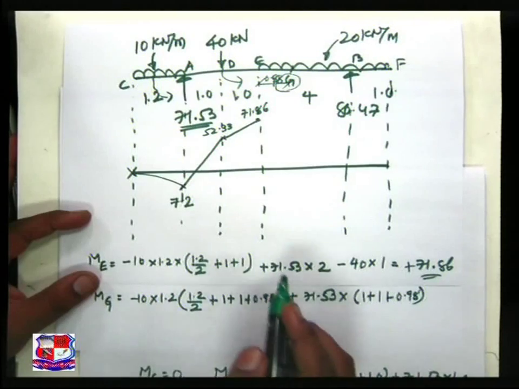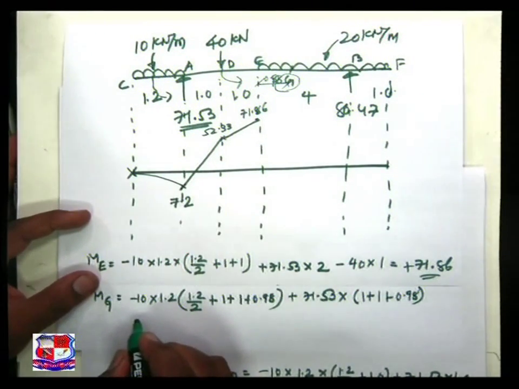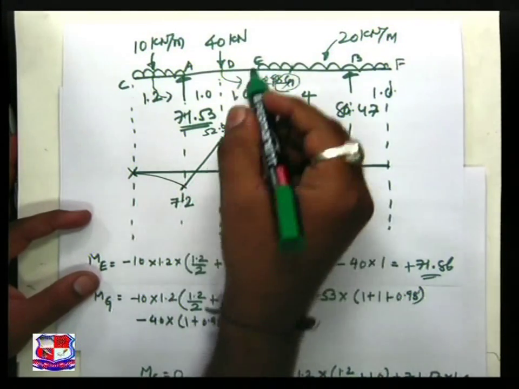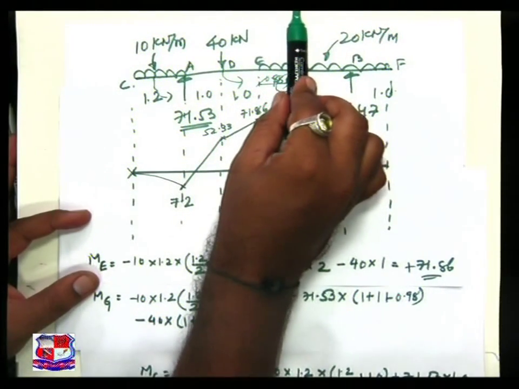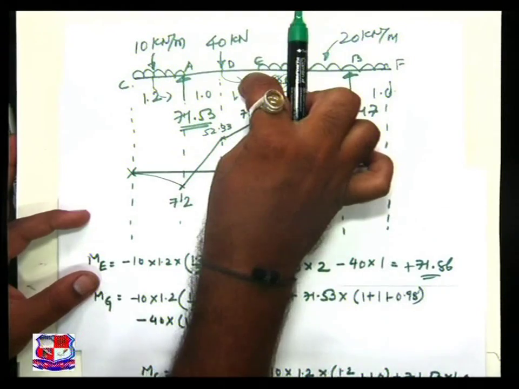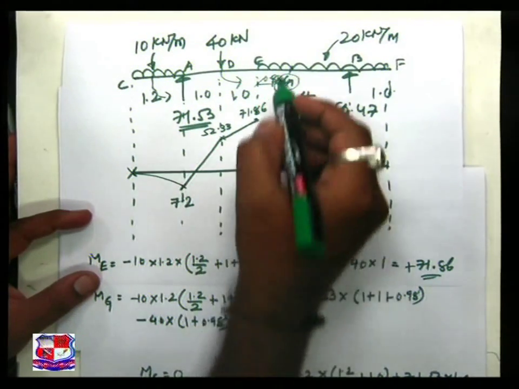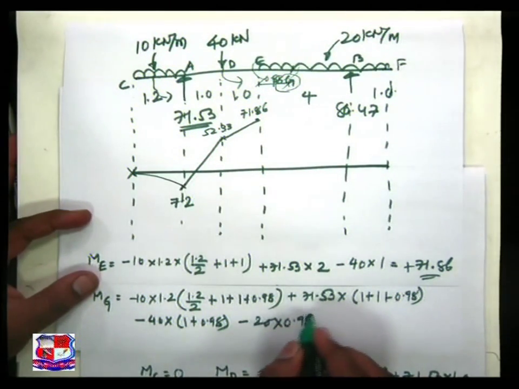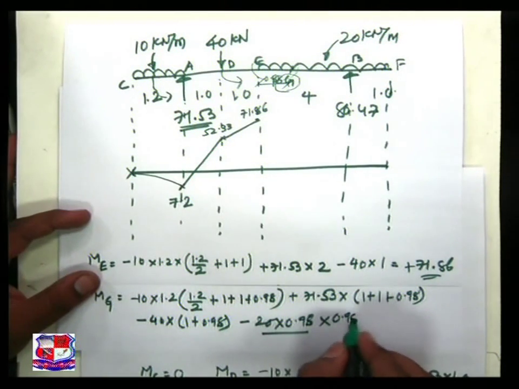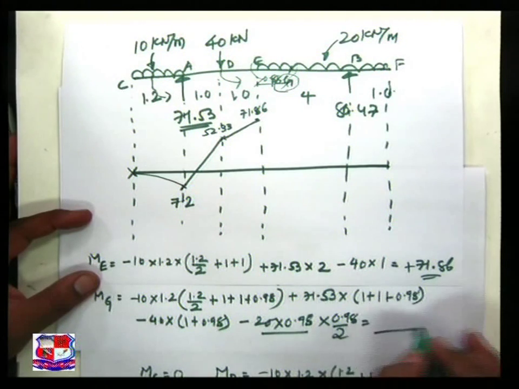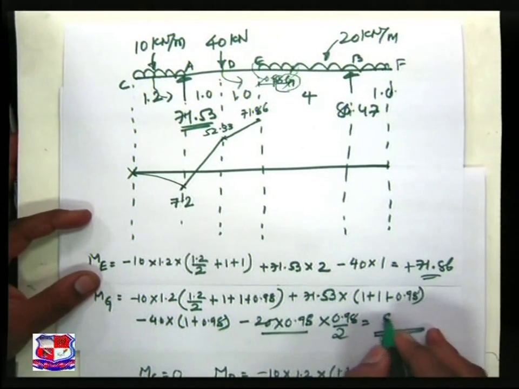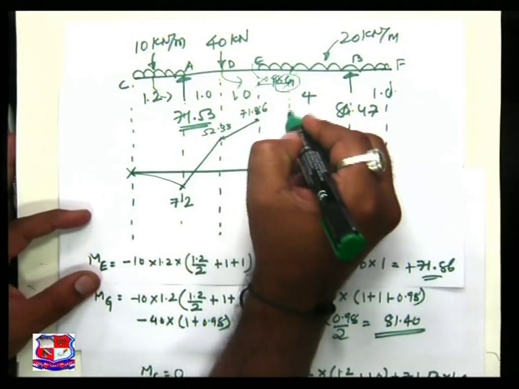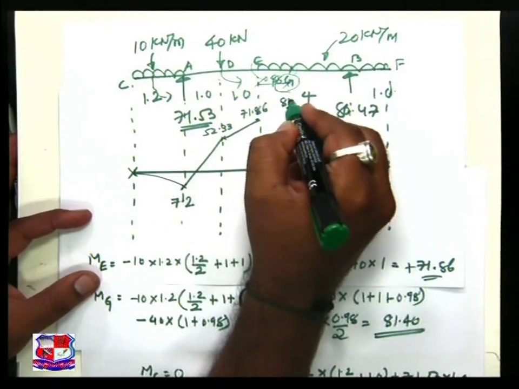Next, another load which is 40 and comes with minus sign, 40 into 1 plus 0.98, because if I take a section over here, section left anti-clockwise, the next UDL is there for this much portion, so minus 20 into 0.98, this is the load, multiplied by 0.98 by 2, and when we solve this simple equation we get 81.4. So at this point the answer is 81.4.